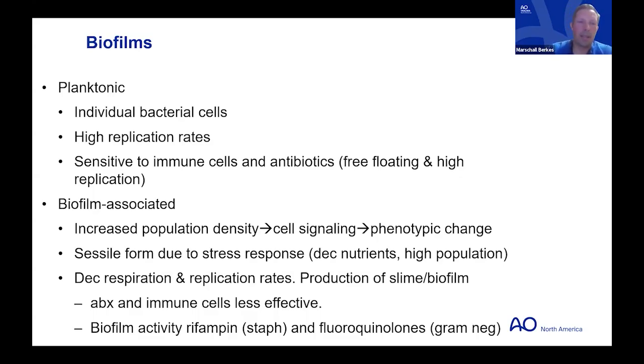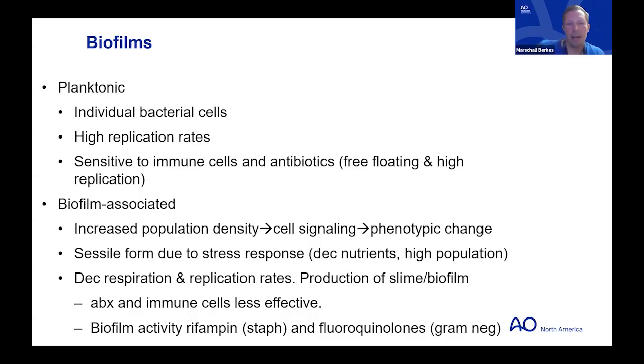But once these bacteria reach a certain population density, there's cell signaling that occurs, and they transition into a sessile form because the amount of nutrients available is decreased and the population density is high.